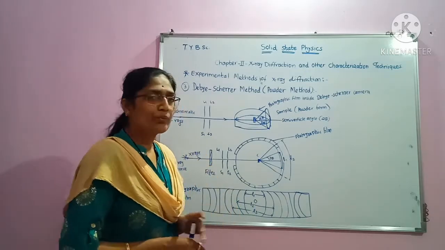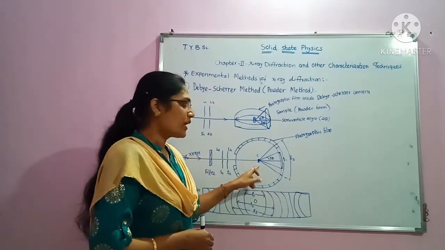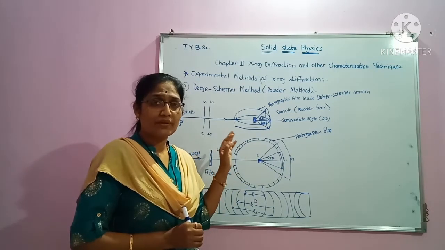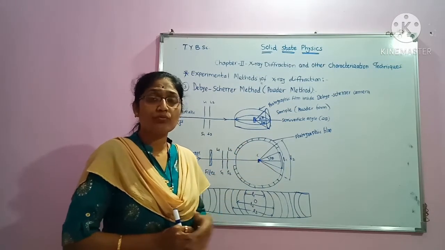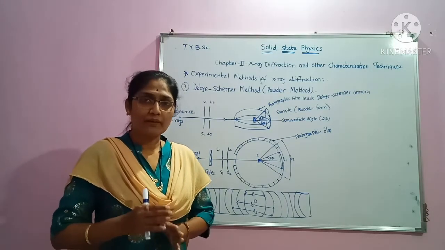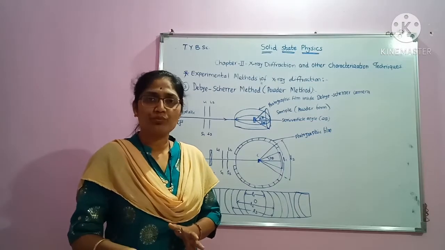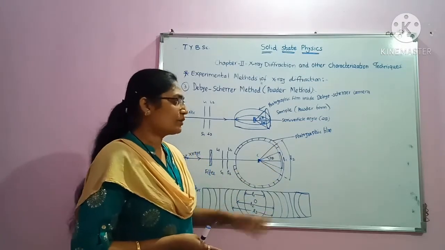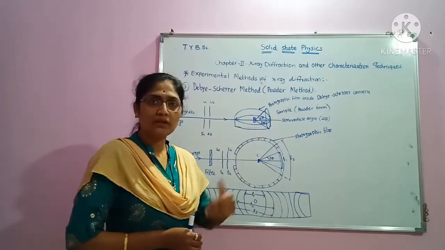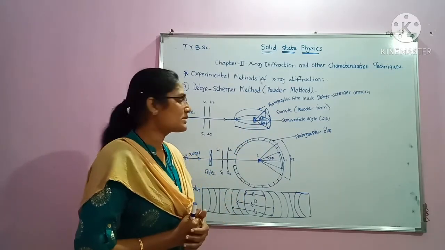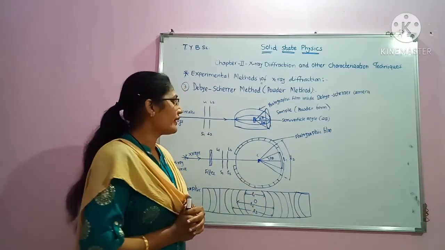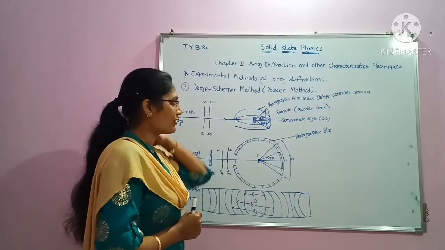The same phenomenon is used here, because in a powder crystalline material there are millions of randomly oriented atoms, therefore there are n number of sets of parallel planes which contribute to the diffraction of the X-rays, giving intense concentric rings on the photographic film.